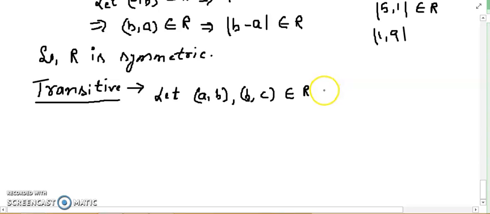This implies that (a, c) should also belong to the relation if the relation is transitive. So first we check. This implies the modulus of a minus b is a multiple of 4.